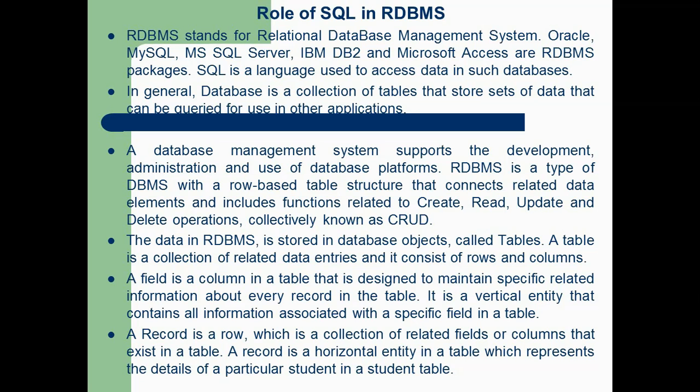The vertical entity is known as a field and the horizontal entity is known as a record. So it is the basic information. Whatever data we store in a database is stored in the form of tables. Each table is known as an instance, and each column in a table is called a field. A field is a piece of data in related records, and a row is a record which gives complete information about a single person or student.